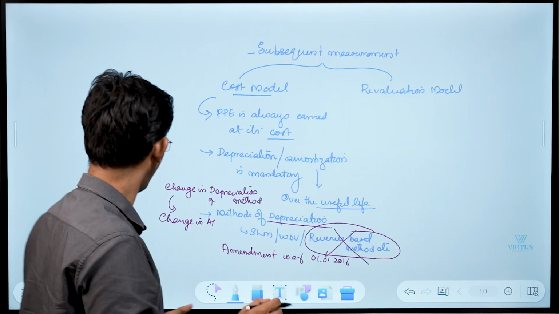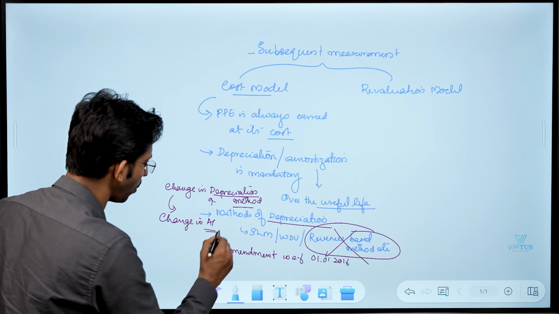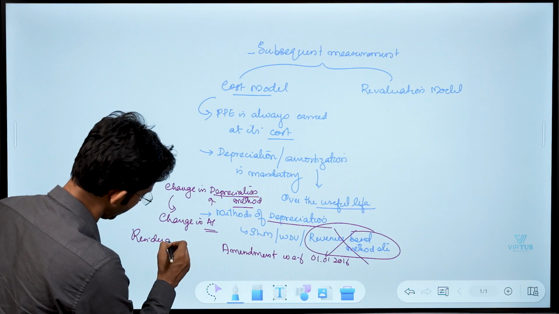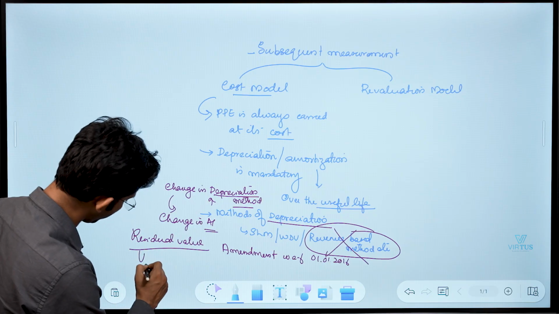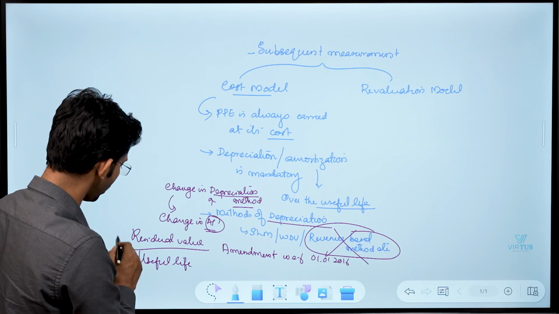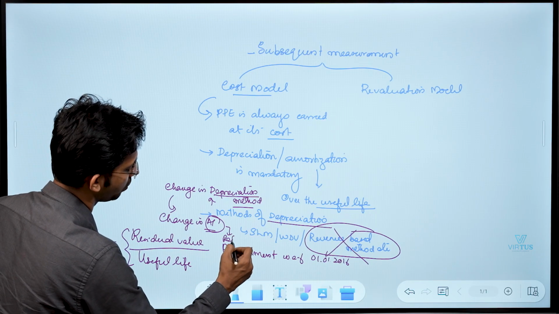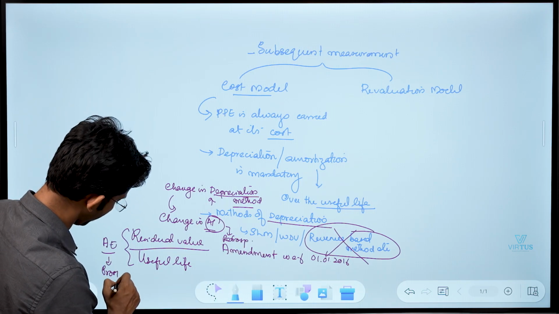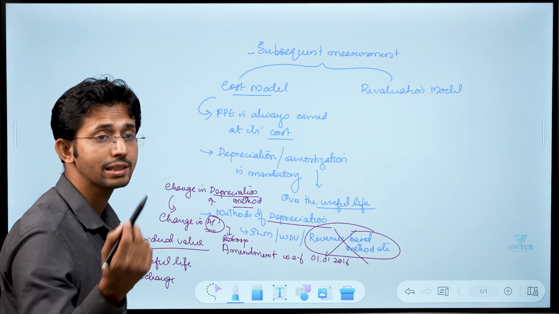So a change in depreciation method is a change in accounting policy, whereas a change in the residual value or a change in the useful life does not constitute a change in accounting policy; rather, it is a change in accounting estimates. The former will be given retrospective adjustment, whereas this will be given only prospective change. We learned about this in days 8.